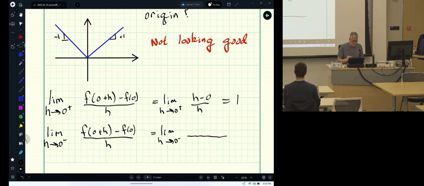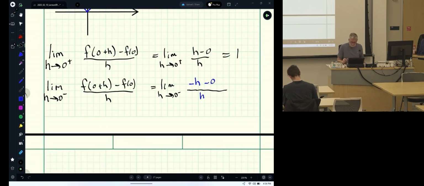I'm working with h's over here. This becomes (minus h minus 0) over h, and it's because we're taking limits from the left of 0. And that's the definition of the absolute value. And so minus h divided by h yields minus 1.